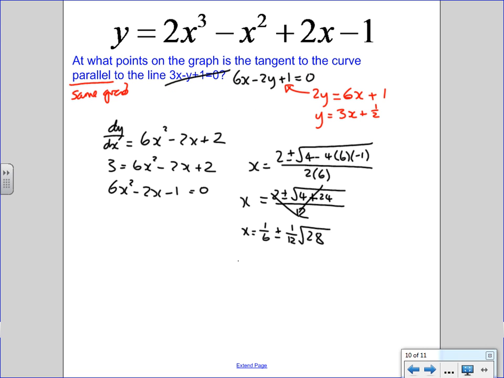Is 28 divisible by 4? Yes. Root 4 root 7, and root 4 is 2, so x is 2 divided by 12, 1/6 root 7. So not nice, but solvable.